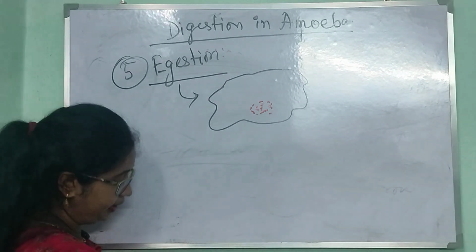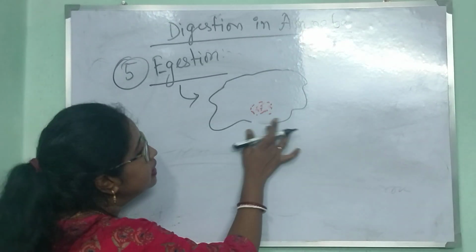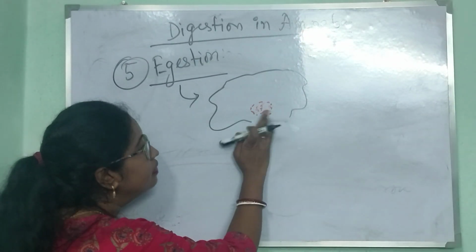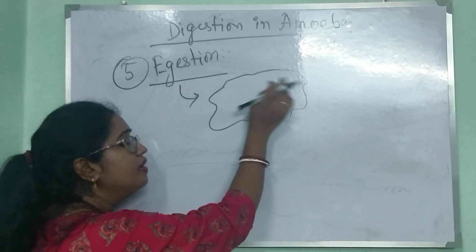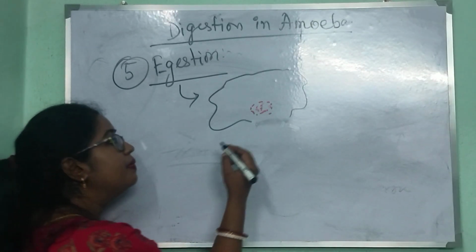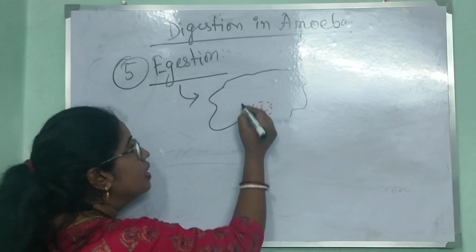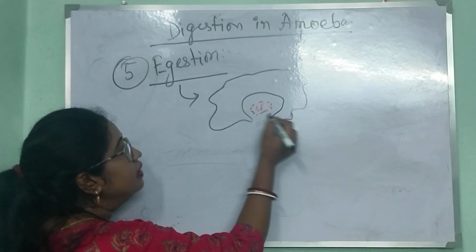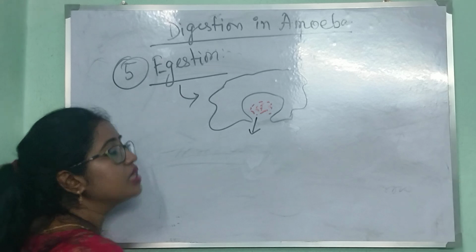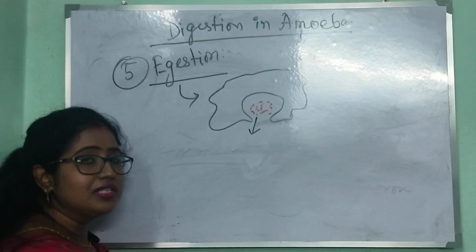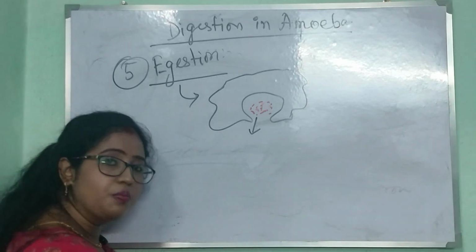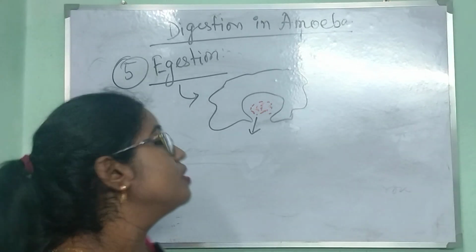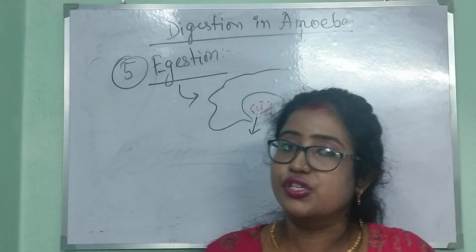A certain part of the plasma membrane suddenly ruptures and the undigested food material is thrown outside from the amoeba's body. So this process is known as egestion.